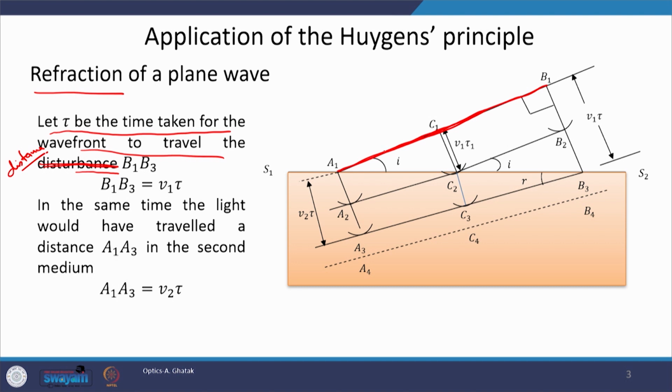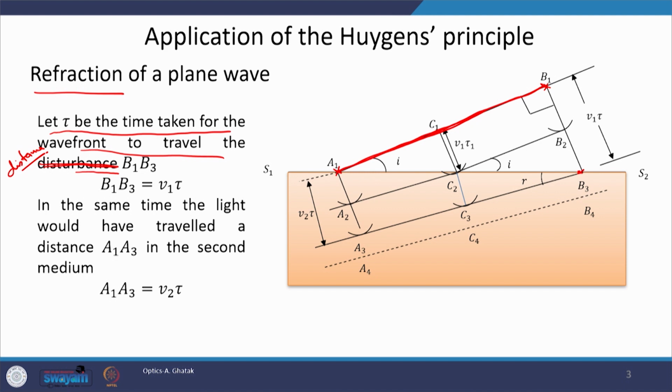A1 C1 B1 is the wavefront which is falling at the interface, and since this wavefront is falling at some angle, the point A1 of the wavefront will fall at the interface earlier as compared to point B1. Point B1 will take some time to reach the interface, and it will fall at point B3 at the interface.